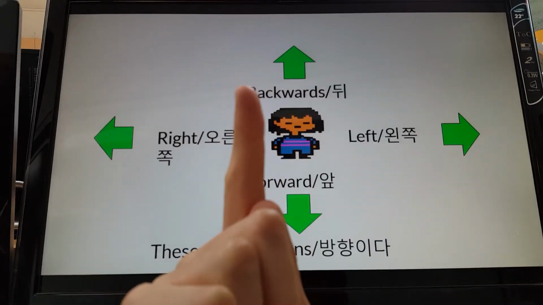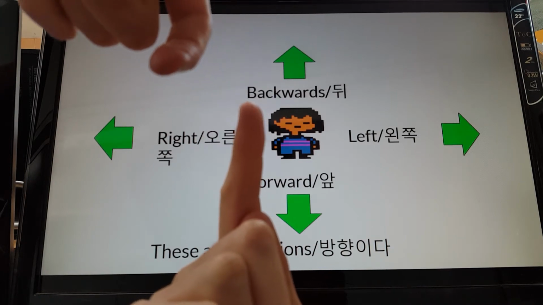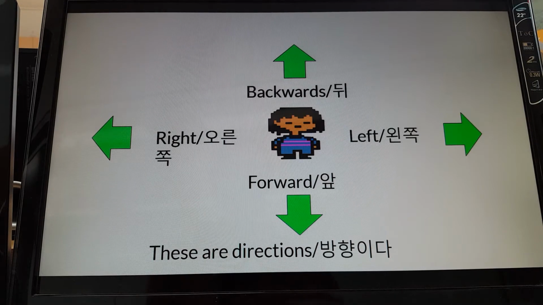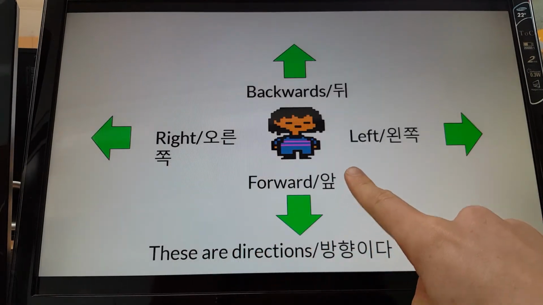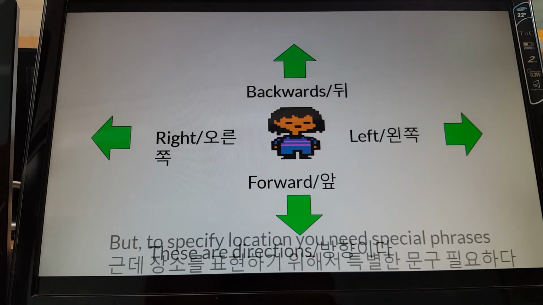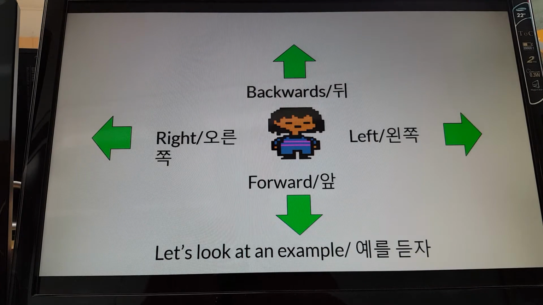If my face is here, forward, backwards, right, left, like that. And again, forward, left, backwards, right. These are all directions. But to specify location, you need special phrases. Let's look at an example.